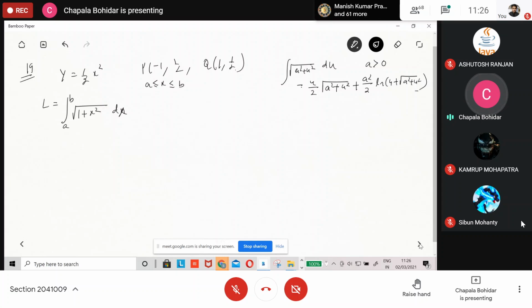So what do you write down? Here you see a is greater than 0. Yes, my value 1 is greater than 0.